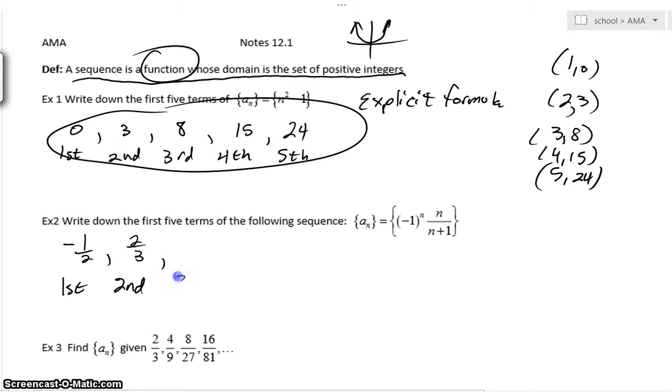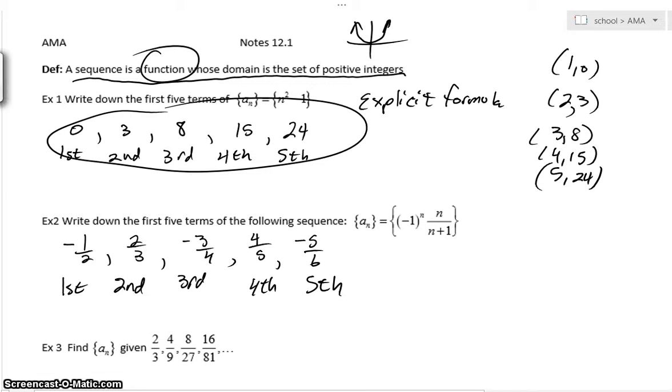So, wow, our third term, well, you'd say, negative 1 cubed, that's something negative. 3 all over 3 plus 1 is 4. Pretty soon, kids begin to say, hey, I know what my next term is. I don't need for you to tell me. I see the pattern. It's going to be positive. You get positive 4/5. Next one, negative 5 over 6. You can notice the pattern. Now, I'm trying to stress pattern recognition because that's where we're moving next.